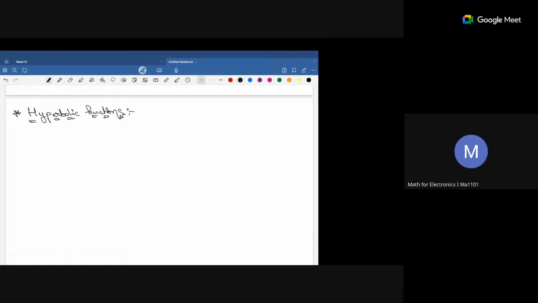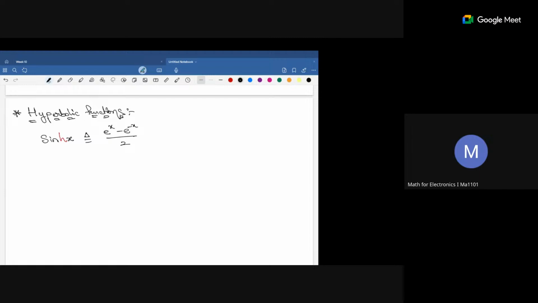So let's discuss hyperbolic functions now. Hyperbolic functions are defined like this. Sine x, and there will be an h just before x. So h represents hyperbolic. So this is sine hyperbolic, that is the notation, and this is defined as e power x minus e power minus x by 2.